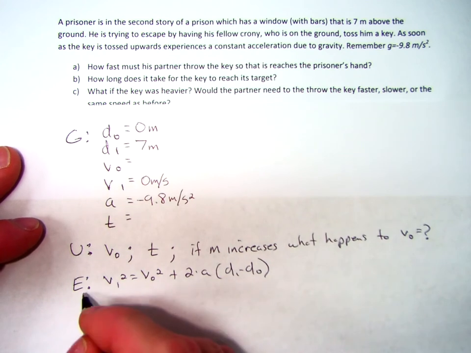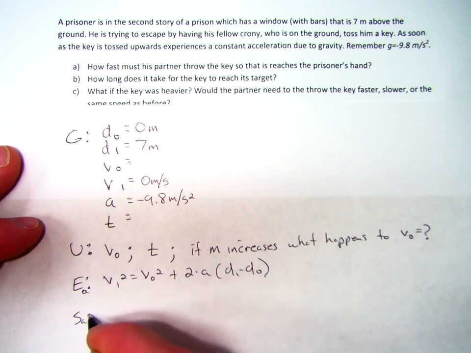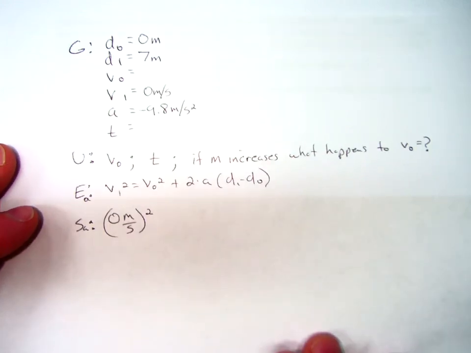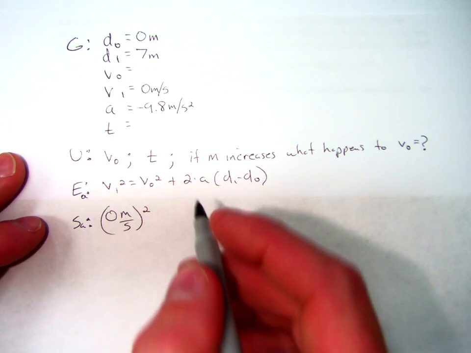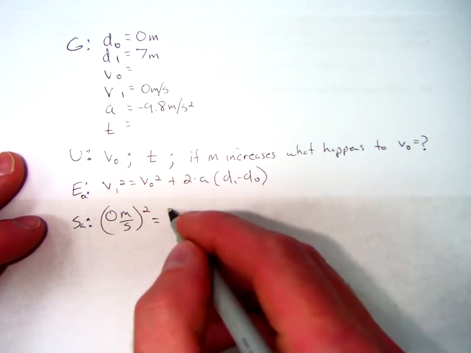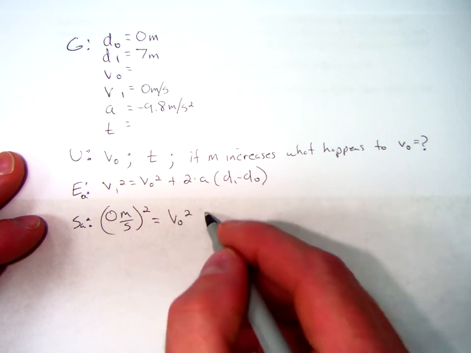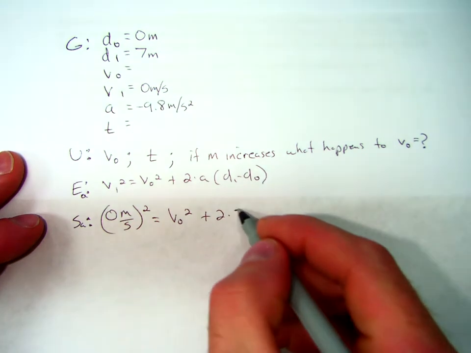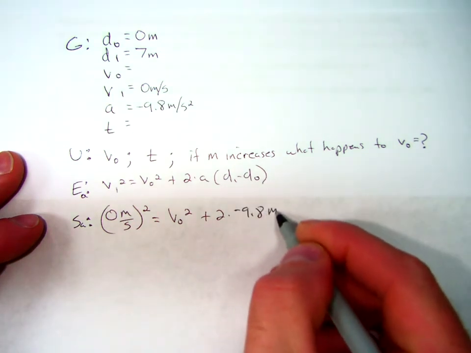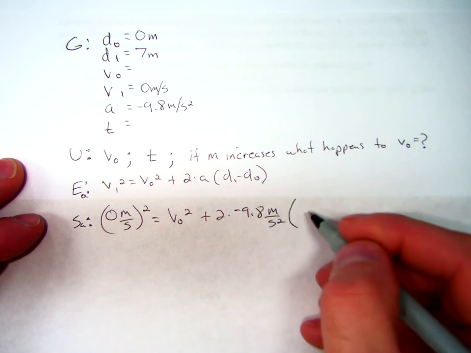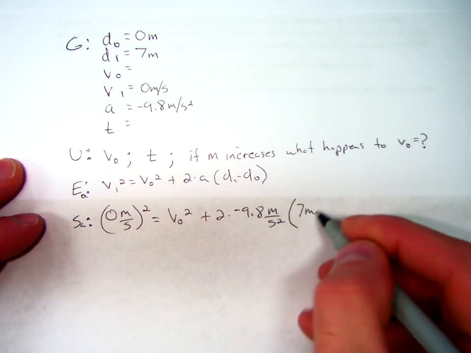Okay, then we're going to substitute. We have 0 meters per second squared, and that equals V0 squared plus 2 times A, which is negative 9.8 meters per second squared, times D1 minus D0, 7 meters minus 0 meters.